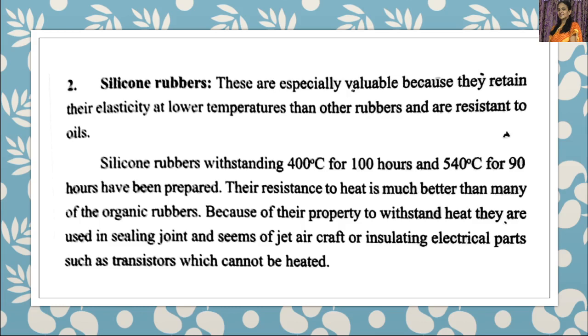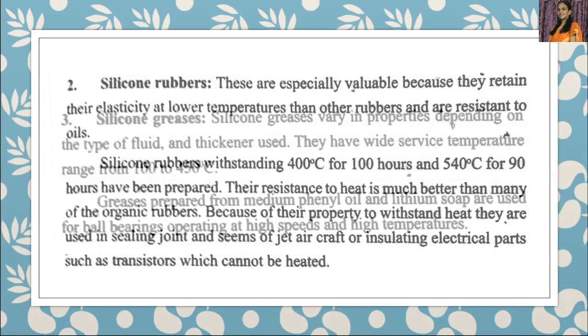So because of this, their resistance to heat is much better than many of the organic rubbers. And because of their property to withstand heat, they are used in sealing joints and seams of jet aircraft, or insulating electrical parts such as transistors which cannot be heated. So in all this, we find the use of silicones.